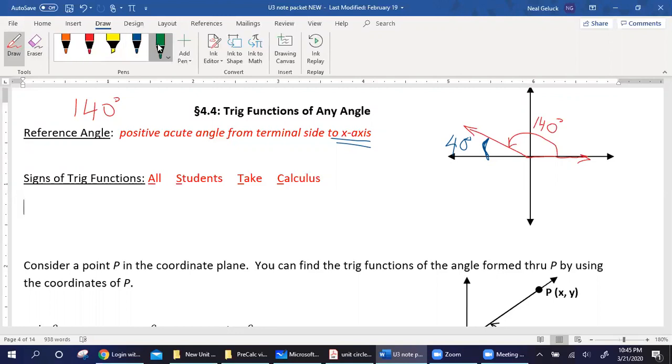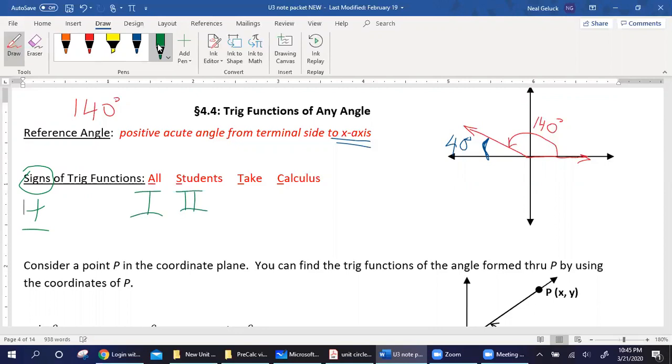The next little thing to talk about are the signs of the trig functions. And notice this is SIGN, so I'm talking about positive or negative. I learned this little, I believe it's called an acronym, All Students Take Calculus. I'm going to put those letters in the quadrants, starting with quadrant 1. So all the A will be in quadrant 1.